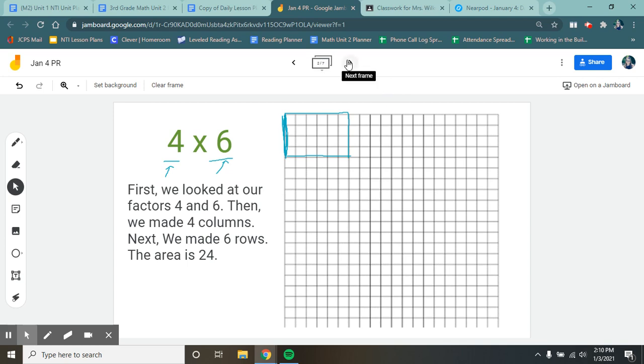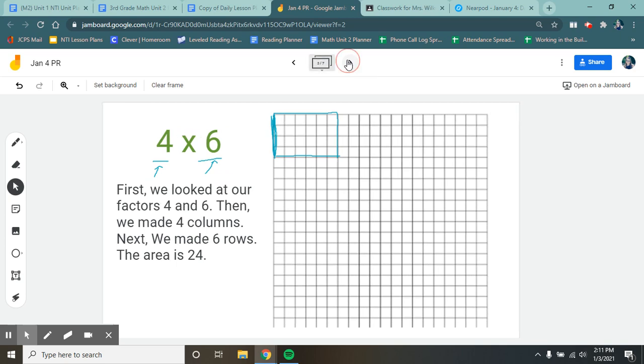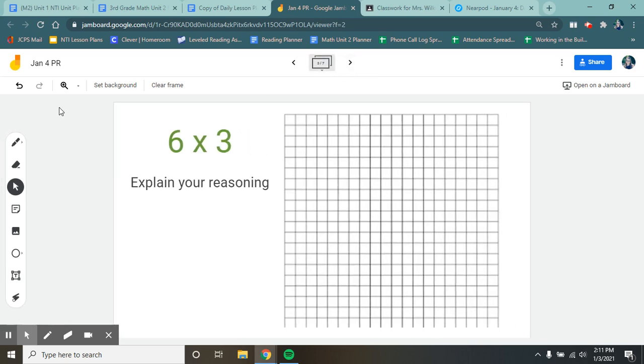All right, we're going to do one more and then I'm going to let you guys try one on your own. So your next one is 6 times 3. Think about what we are going to do first after we look at our factors, 6 and 3.